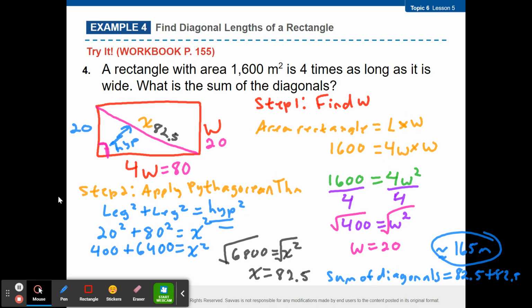Now, I know this was a lot, but if you look here, this part, you're probably not going to see on your test. This part, you will. Okay? But this was just a kind of a nice little refresher.